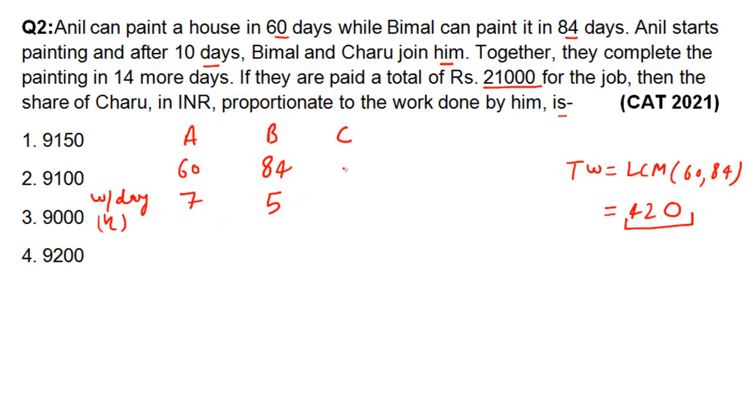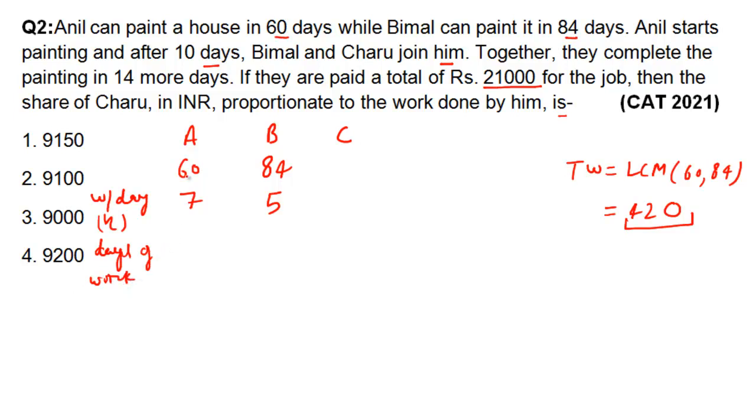So in order to get the work done by C, we should first know how much work has been done by A and B, because all of them are working together after 10 days, right? So here I am writing number of days of work.